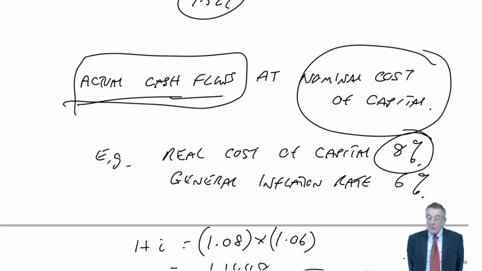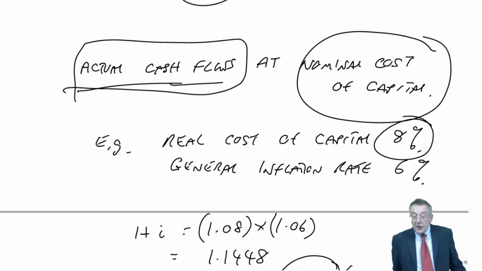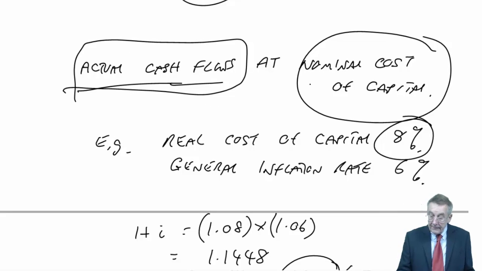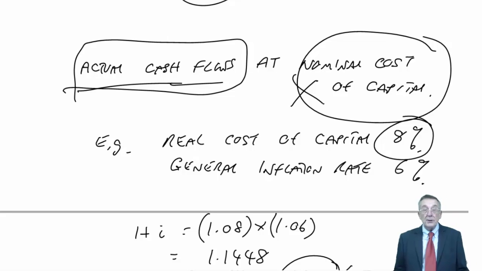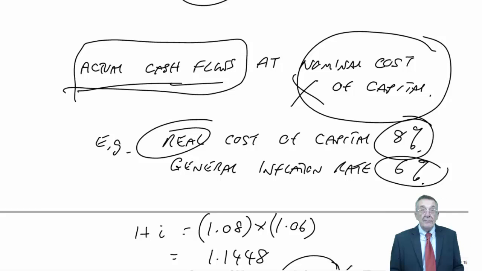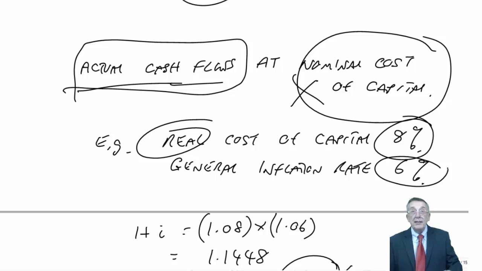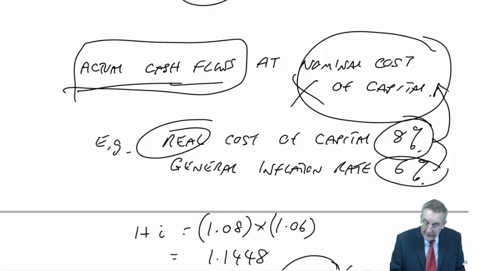The one time this stands to be relevant is if they don't give you the nominal cost of capital, but they give you the real cost. Well, they'll have to give you the general inflation rate as well. You then need to be able to use the Fisher equation to work out what the actual cost of capital to use is.